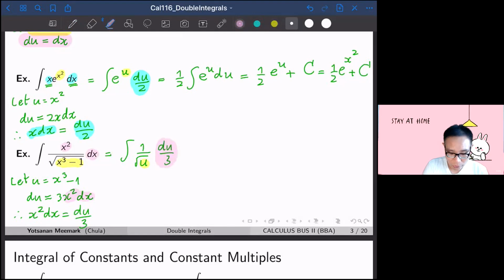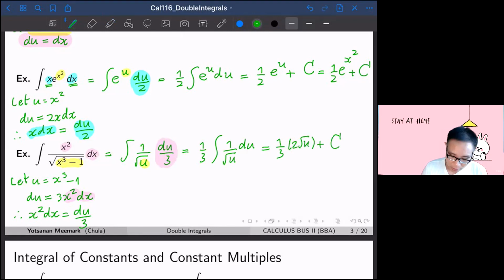Okay, so you get 1/3 times the integral of 1 over root u du. So it's going to be 1/3, and the integral of 1 over root u is 2 root u plus c. Okay, so this one will be just 2/3 root of x cubed minus 1 plus c.